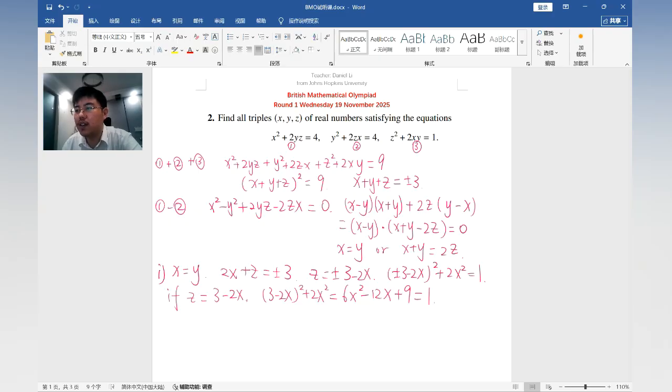So you can see there's no real number solution for x, right? Let's prove this. You see, we add 1 on both sides, and this is a negative number. So there's no real number solution for x. So this is no solution.